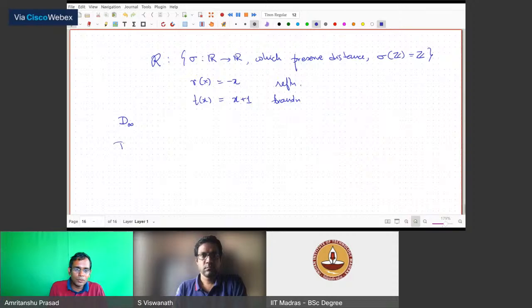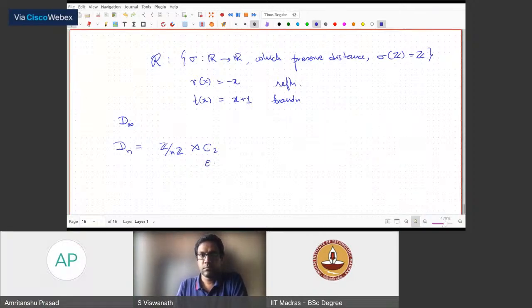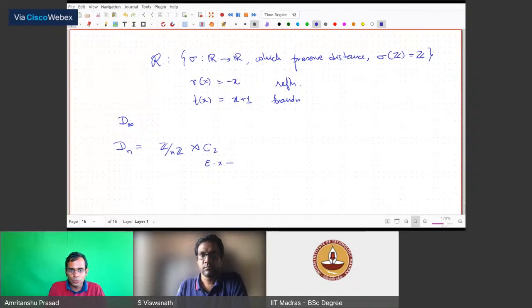So let me just recall for you firstly what is Dn. Dn is defined as Z mod nZ semi-direct product C2, where C2 is the cyclic group of order 2. The non-trivial element epsilon takes x to minus x, right?